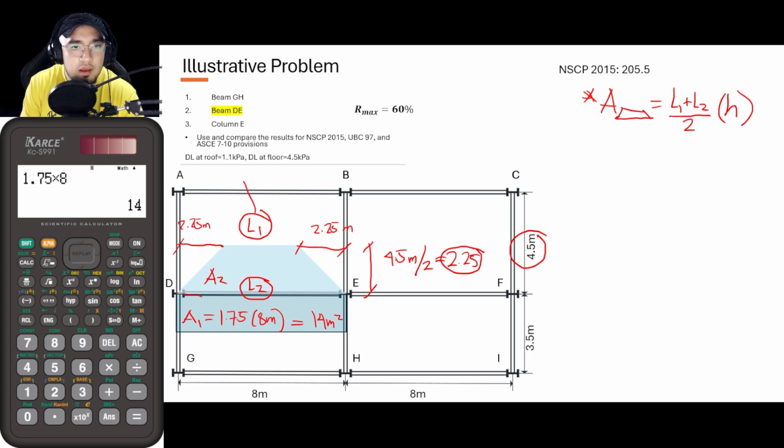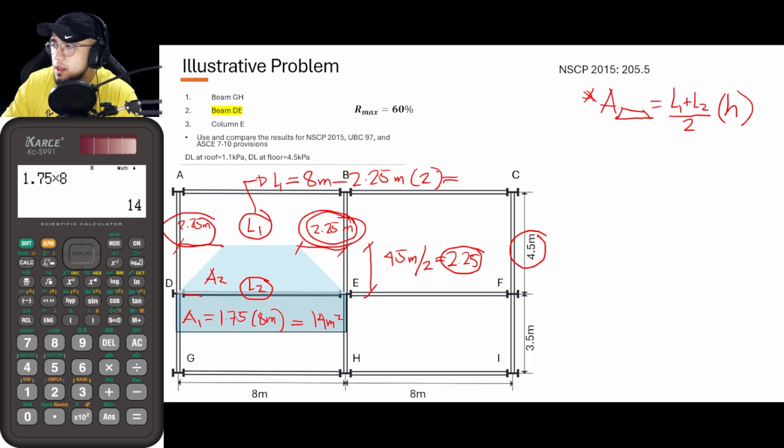So the value for L1 is equal to L2, which is 8 meters, minus 2.25 meters times 2. We have two sets of 2.25 meters. So L1 is 8 minus 2.25 times 2, which is now equal to 3.5 meters.